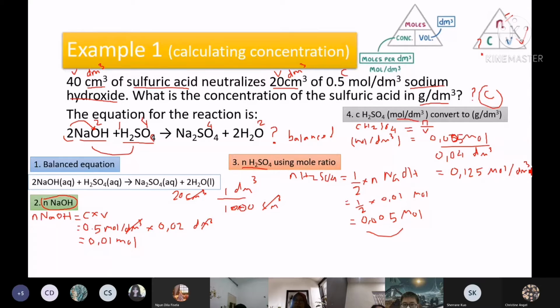But the question asks for the concentration with the unit grams over dm cube. So we can use this equation.